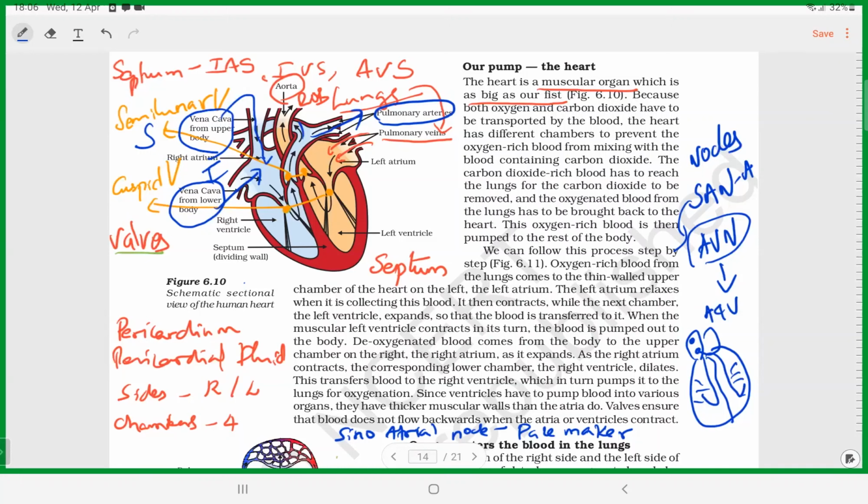That current is taken by the AV node, the atrioventricular node, and transferred to the ventricles with the help of the bundle of His fiber. You can see one bundle goes to the right ventricle, another goes to the left ventricle, and there you have the Purkinje fiber.